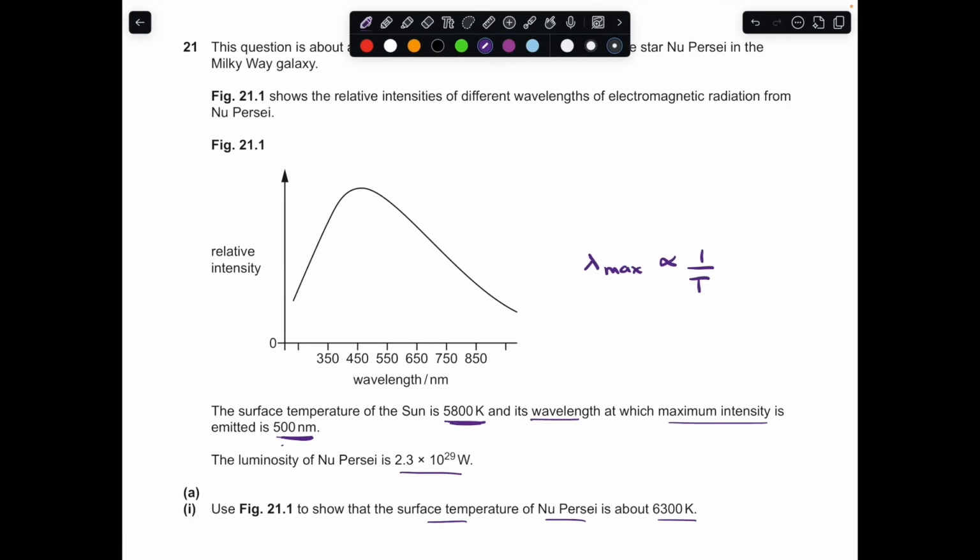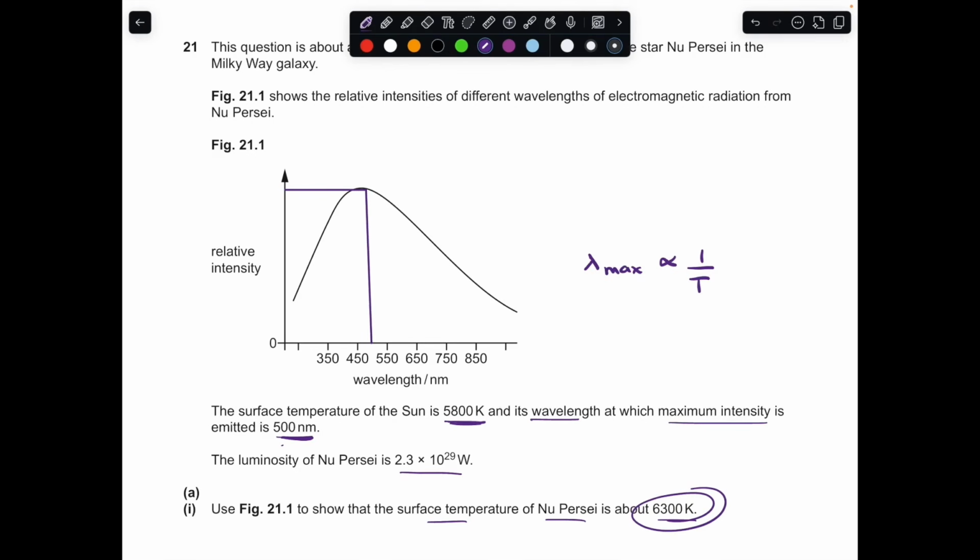So at 500 nanometers, the peak wavelength, is somewhere here, the relative intensity, and the temperature at that wavelength is 5,800 kelvins for the sun. Now, if we have to show that the surface temperature of Nu Persei is 6,300 kelvins, then that means we have to use a lower wavelength, because the wavelength and temperature are inversely proportional.